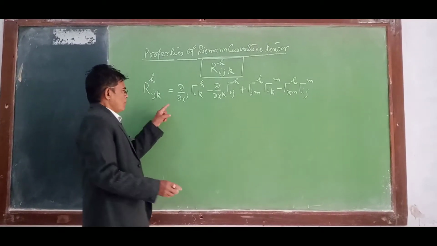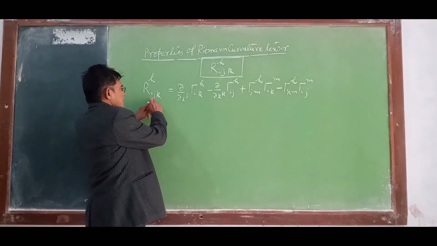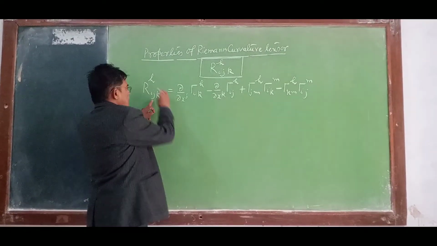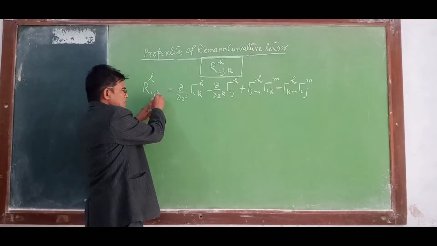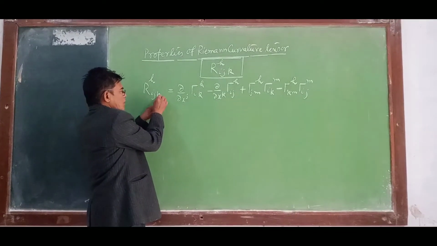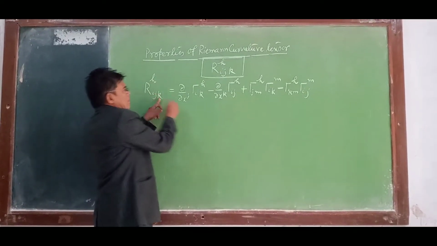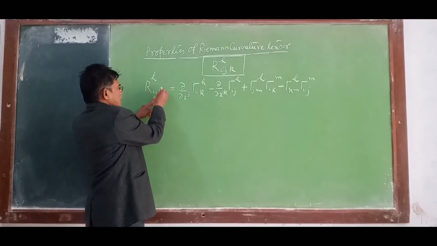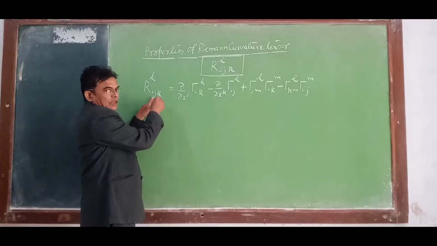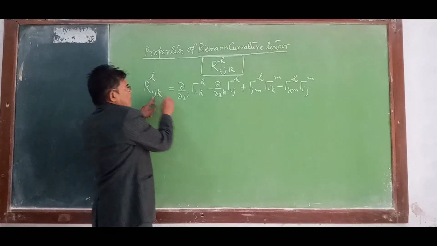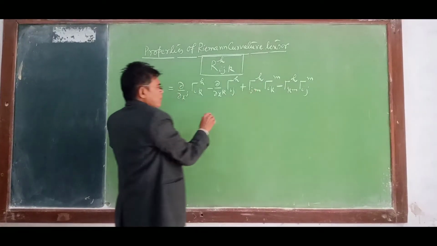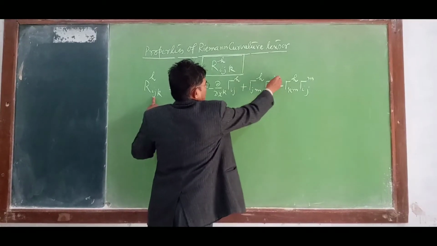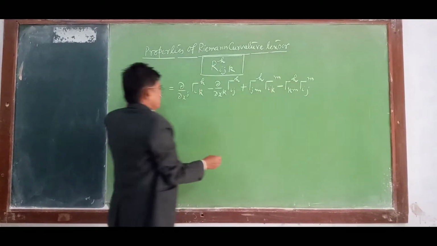The first term is the partial derivative with respect to x^j of Γ^h_{ik}, minus the partial derivative with respect to x^k of Γ^h_{ij}, plus Γ^h. First we replace k by a new index m, so Γ^h_{jm}, where m is dummy, contracts with Γ^m_{ik}.